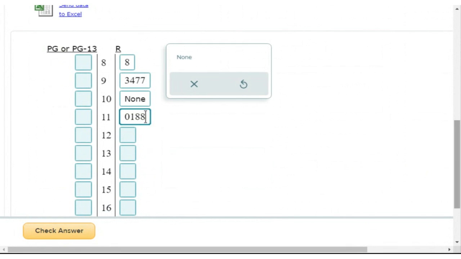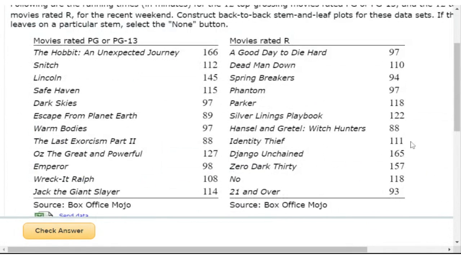So there was 110, 111, and 2 118s. So now that was the 11s. There were 4. Let's begin with 11s.